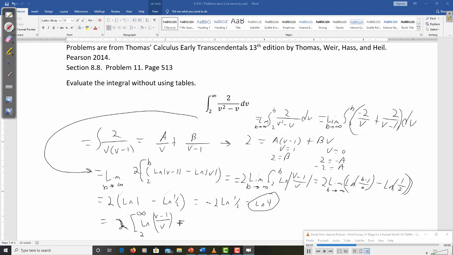So a lot of people will just use this: 2 times 0 minus ln of 1/2. And there's a nice little elegance to that notation, even though it's a little bit misleading. So you may want to use this one. It's okay though if you want to use the limits as you go.